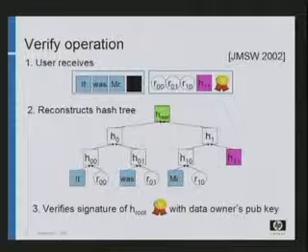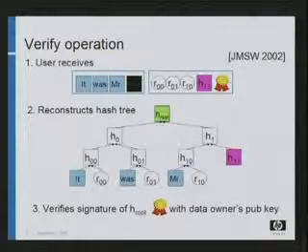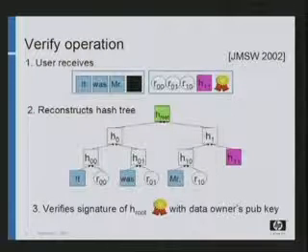It's quite straightforward. Once the user gets the root hash, the signature is verified. So this is the original digital redaction signature scheme. Now we want to generalize this to consider pseudonyms. And we actually made a very simple modification to this.